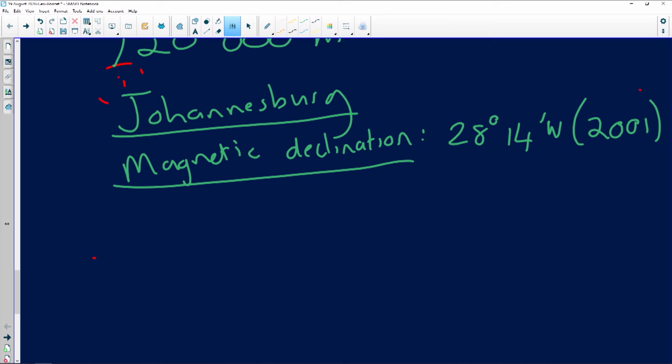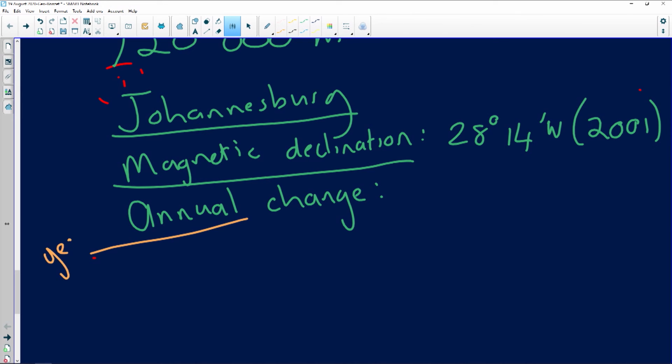The second set of information is the annual change. Okay. Now, first of all, let's just define annual. It means yearly. Okay. The annual change, let's assume it's 6 degrees west. Now, very important over here, and I want to add it immediately.